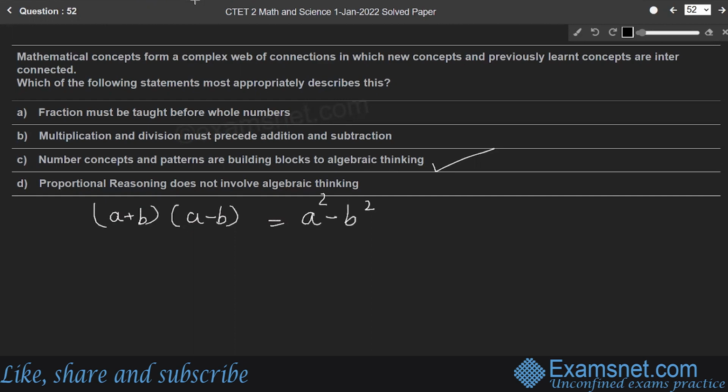So if a child who doesn't know number concepts and patterns is directly introduced to algebra, he or she may not understand anything, as these two are an important and basic part of algebra. It is always suggested to teach children the basic concepts and continue the flow from basic to advanced. Mathematics is a subject that has a number of concepts, and those concepts are interconnected with each other.